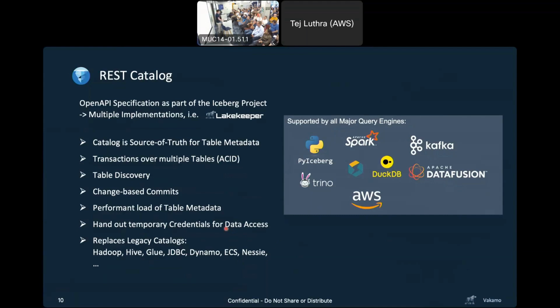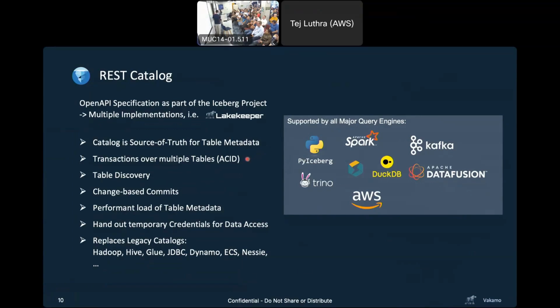Why do we need a catalog at all? Well, first of all, we need a single source of truth for table metadata. An Iceberg table has at the top basically a table metadata JSON file which keeps track of all the different snapshots and all the different things that happen to this table. And we need a central place to store this data. We also need this central place to have a good old database built in, basically, because the catalog also takes care of multi-table transactions, right?